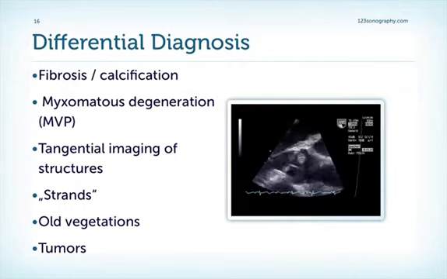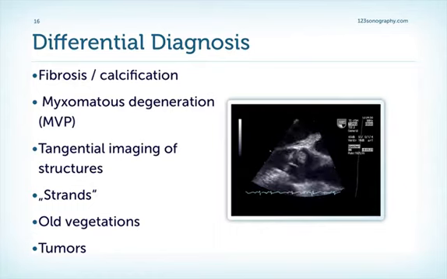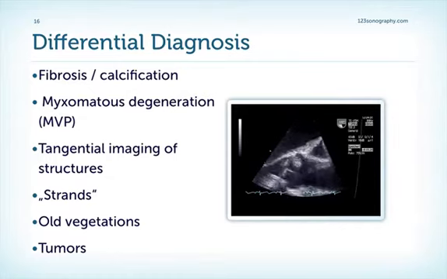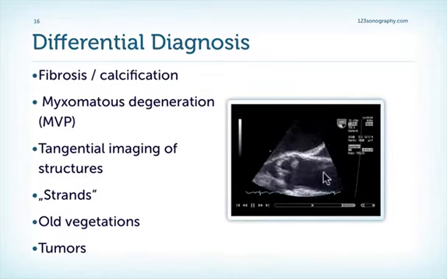Therefore, you have to use multiple views to make the diagnosis of a vegetation. Strands, we'll talk later what they are. Old vegetations, in other words, a patient who already had endocarditis, but who is now without infection and in a healing process. And finally, all sorts of tumors. For example, a fibroelastoma here on the aortic valve.